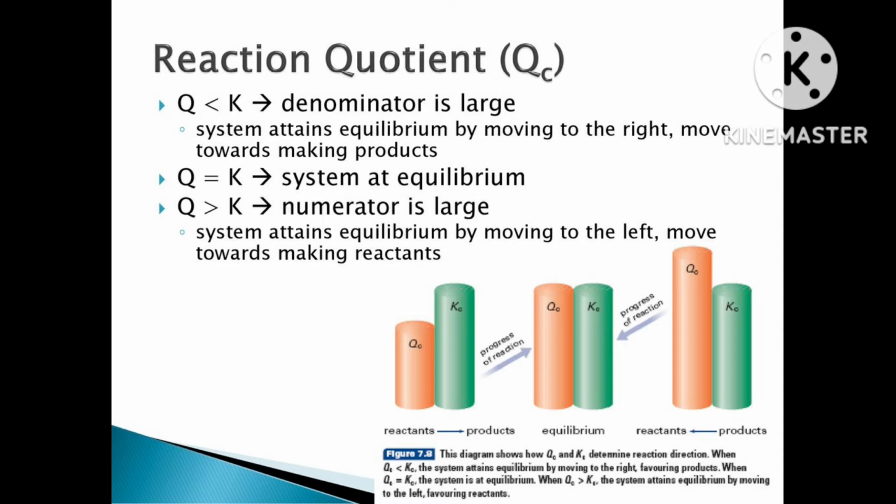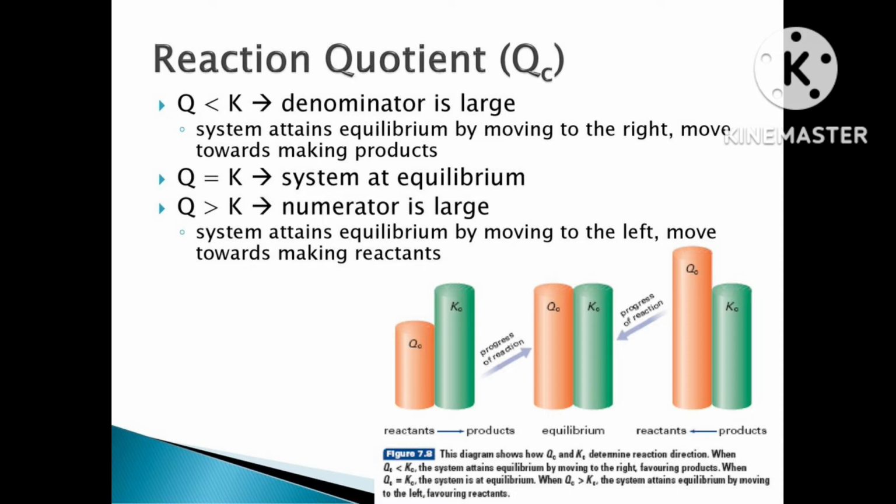Then Qc will be B into C divided by A square, because 2A is there, A square. Now all concentrations are equal, and the value is given, 3 into 10 to the power minus 4 M. You put 3 into 10 to the power minus 4 for B and also for C, 2 times.